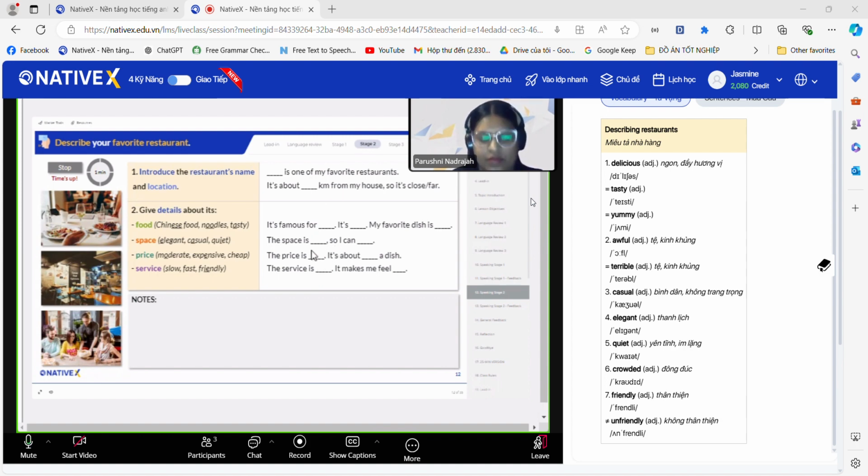The food is excellent. The service is friendly and the prices are moderate. The more people you go with, the cheaper the price. Don't forget to make a reservation because it's very crowded and usually fully booked.